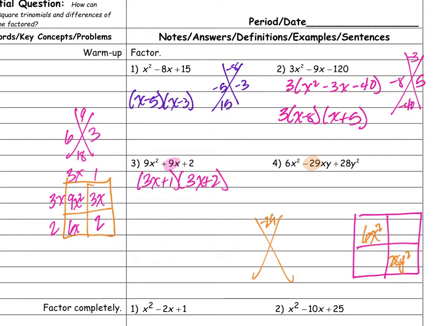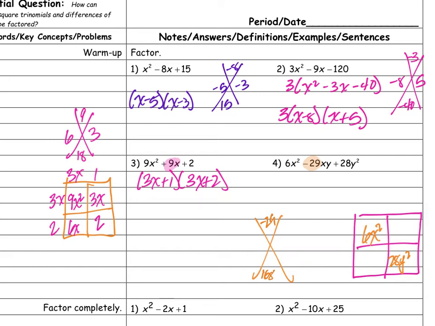But what changes, it needs to multiply to be 6 times 28, which is 168. And all I did is I took my calculator and I started dividing to see which numbers would multiply to be 168 and add to be -29.